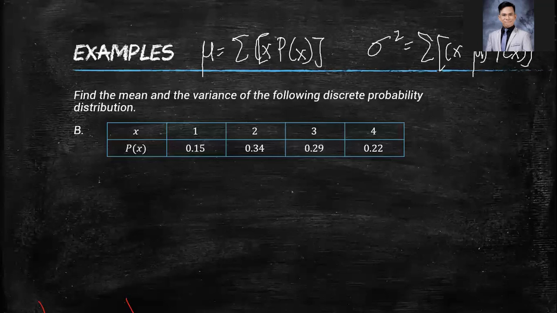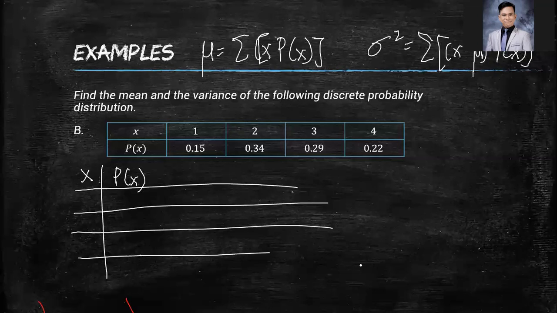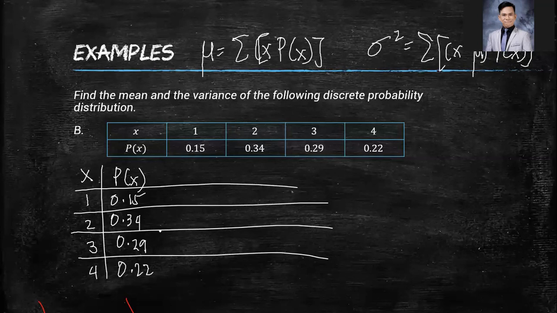So, first things first, hanapin muna natin yung mean kasi nga importante si mean to find the variance, right? So we have the x and the p of x. We have 1, 2, 3, and 4, and then we have 0.15, 0.34, 0.29, and 0.22.